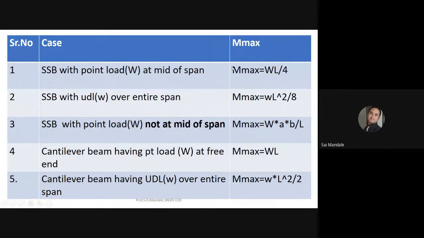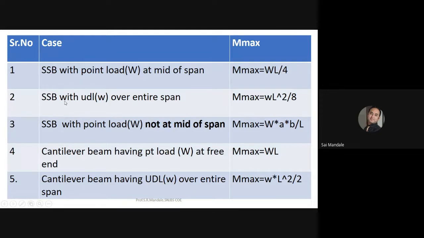This is the different maximum moment required for the different load conditions. During the numerical solutions, I told you to write something in the bracket. So the formula is, when a simply supported beam has a point load at midpoint, at mid span, the maximum moment is WL by 4.